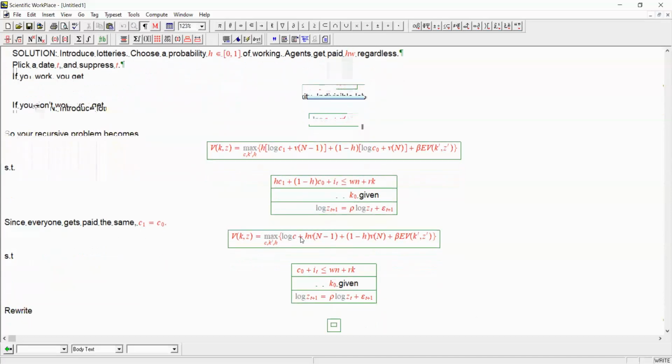I want to take this part, which is random here, and show you that it equals, this is just Vn minus h Vn.